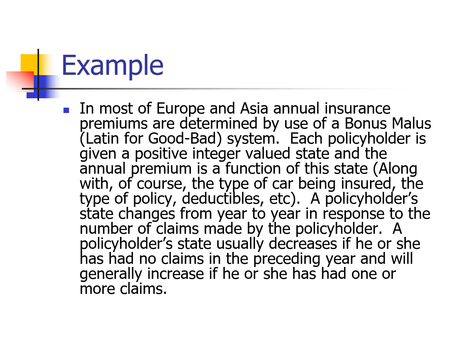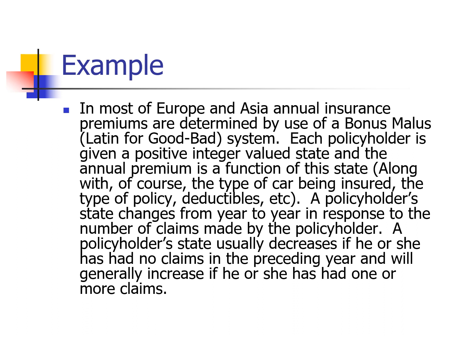That's Latin for good and bad. Each policyholder is given a positive integer valued state, and how much they pay is a function of that state. Also included is the type of car, the type of policy, the deductibles they want, and other stuff. So that's why we say it's a function of that state.